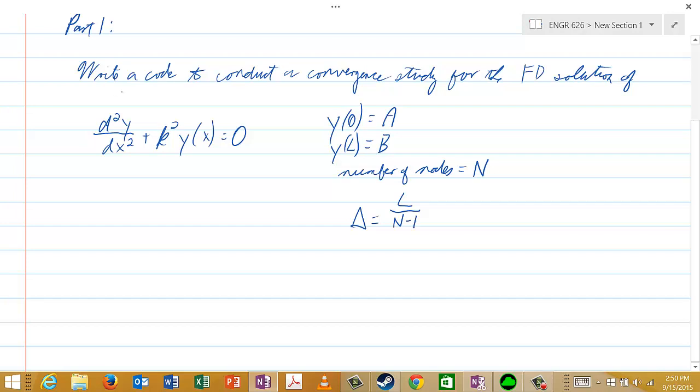And I'll put in the word general up here as usual to signify that you should write your program in such a way that A and B and L are variable, and obviously n will have to be variable because it is by varying n that you get to vary delta, and of course varying delta is necessary in order to conduct a convergence study. So obviously you must make it so that n is variable.